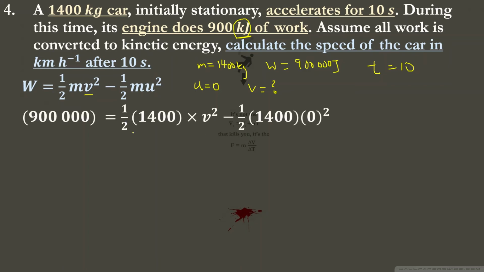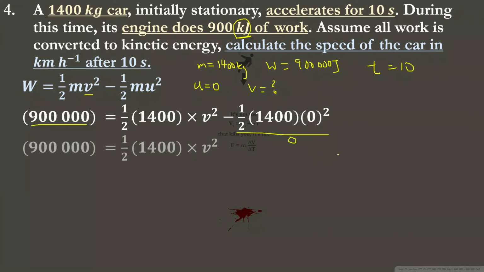Okay. So what we have is 900,000 joules times 1 over 1400 v squared. Obviously, anything times 0 is going to end up at 0, so we can rewrite our equation like this.